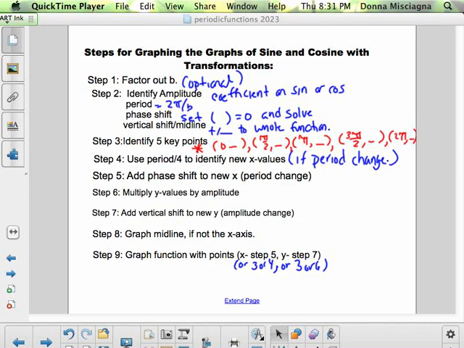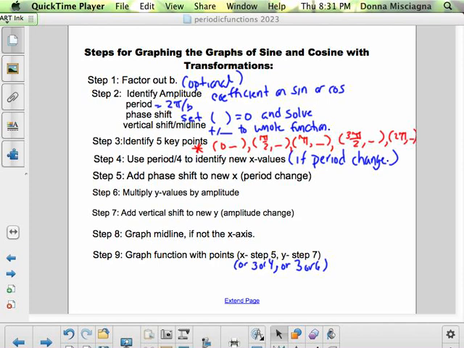If there's no period change, then you would just add or subtract from the old x values, the quad angles. All right, now y. If there's an amplitude change, you're going to multiply the y values by the amplitude. And then if there's also a vertical shift, you'll add or subtract, depending on whether it's up or down, to the amplitude changes. If there's a vertical shift without amplitude changes, then you would just add or subtract to the old y values instead.